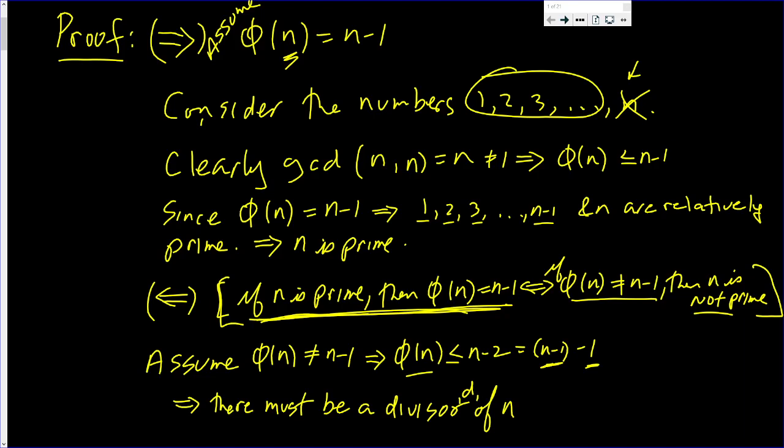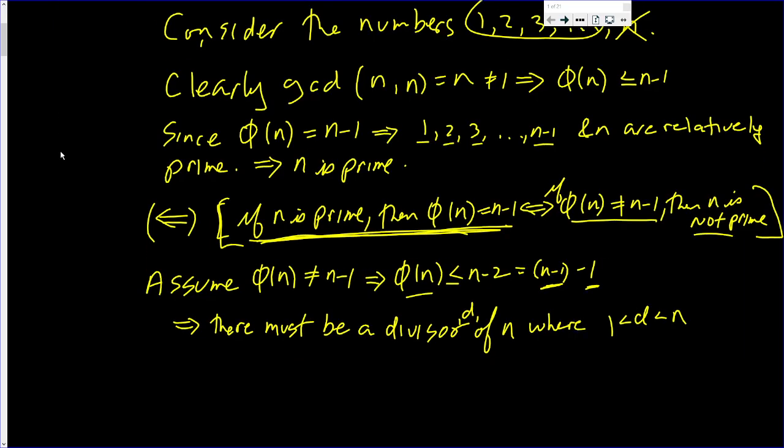There must be a divisor d of n where d is bigger than 1 and less than n. So that implies that n is not prime. N is not prime. And that's what I wanted to show.